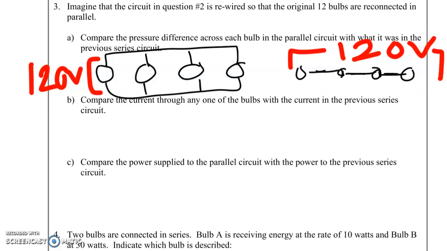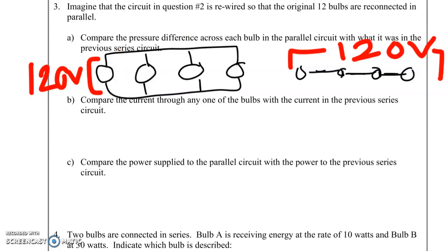If we connect them in parallel, now they all have this huge pressure difference across them. And since they have that big pressure difference, which, this is not a drawing necessarily based on this problem, so I guess that's worth noting. Okay, since we had 12 bulbs that were connected in series, that means that now the voltage across each bulb is 12 times higher.